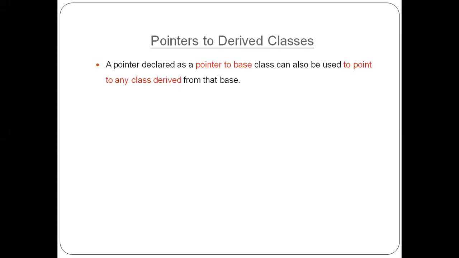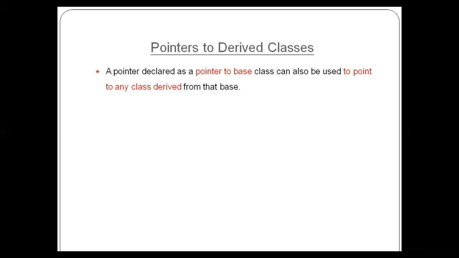Suppose, assume that we are going to create the derived class. Okay, I will show you the example. Here in this case, assume that this is our class A, and we are going to create the pointer variable for this particular class A, and B is our normal derived class, and we are going to create the normal object for that particular B class. So how are we going to use the pointer of base class to the derived class?